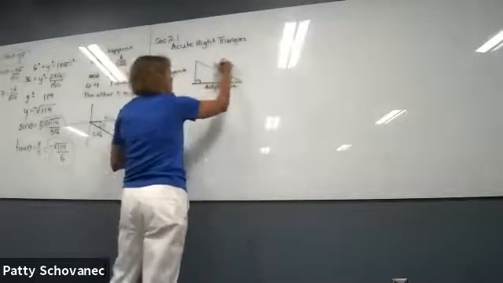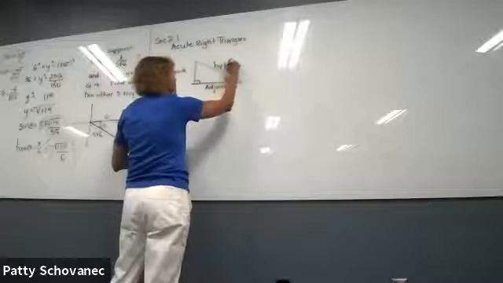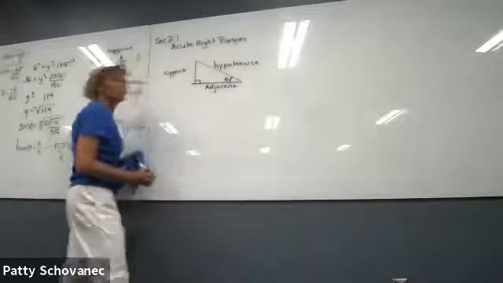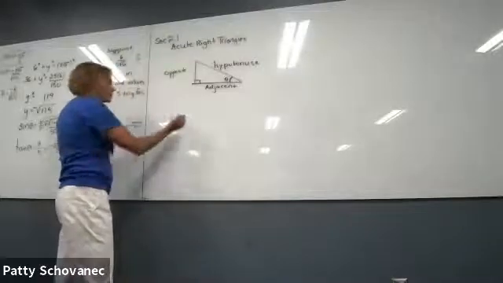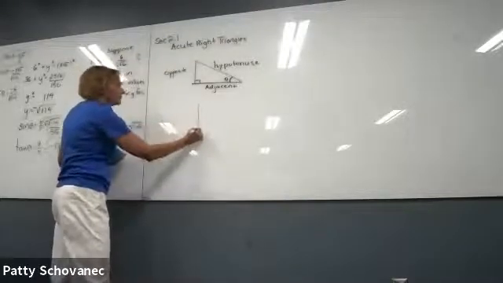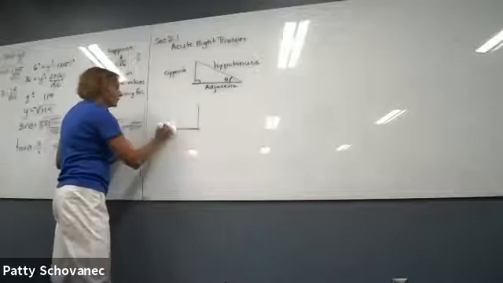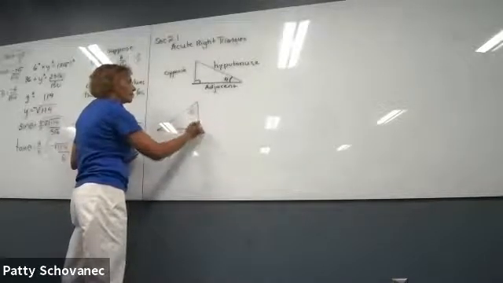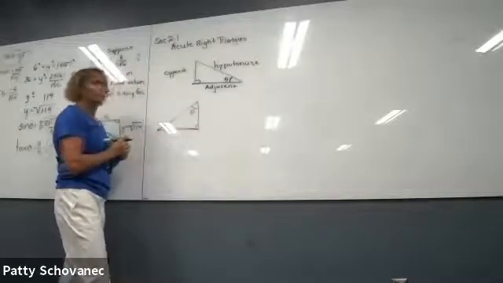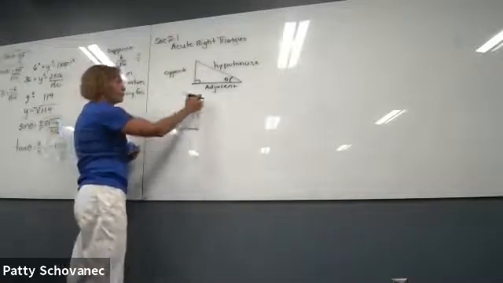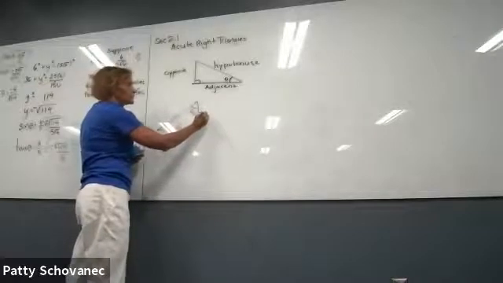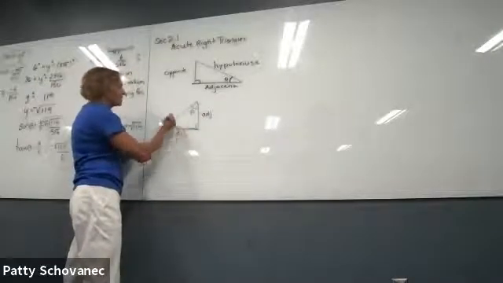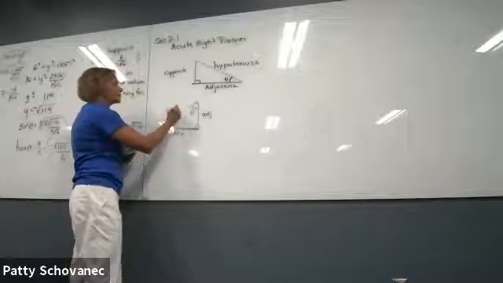And this, of course, opposite the right angle is the hypotenuse. I can also draw my triangle this way. If I want, I can put my angle up here. If I call that my angle, then this side is adjacent to it, this side is opposite, and this side's the hypotenuse.